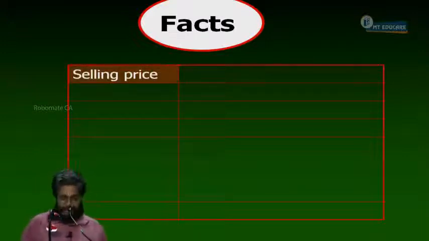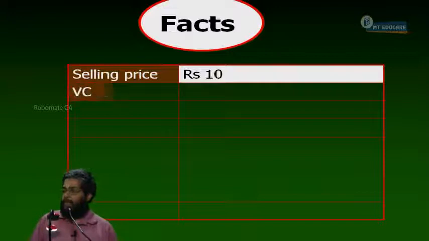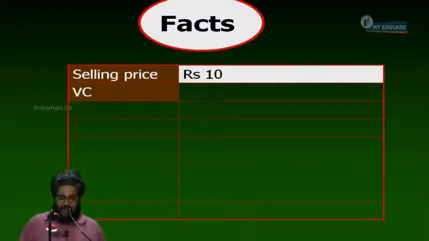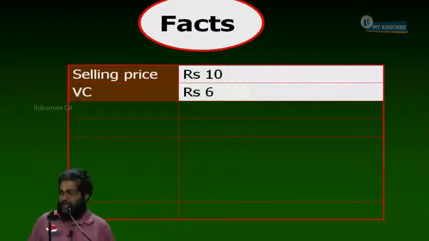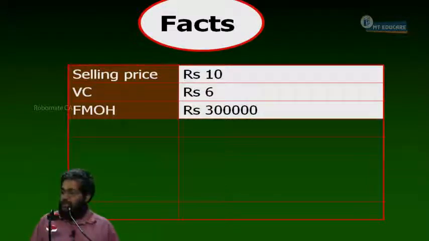Selling price. What is the selling price of this company's product? 10 rupees. Variable cost. What is the variable manufacturing cost? 6 rupees. Next, what is the fixed manufacturing overheads, FMOH? 3 lakhs. Don't write it as VC, better write it as VMC, variable manufacturing cost, 6 rupees. Fixed manufacturing overheads, 3 lakhs.